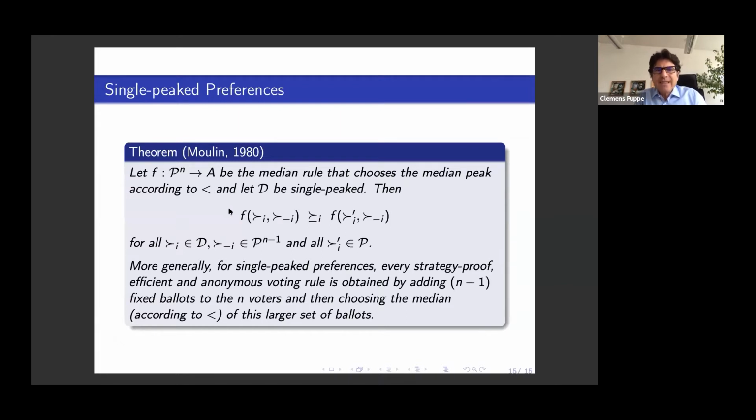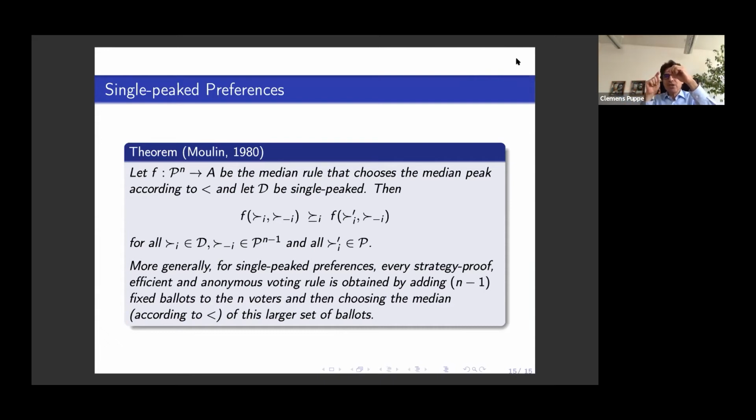So suppose that all preferences are single peaked, okay? The median rule chooses the median peak according to this spectrum, and this is strategy proof. Why is this strategy proof? I think I explained it yesterday already, but I want to explain it again because it's so important. Now, you choose the median peak, which means that you choose the point such that half of the people would like to be on this side and half of the people would like to be on this side.